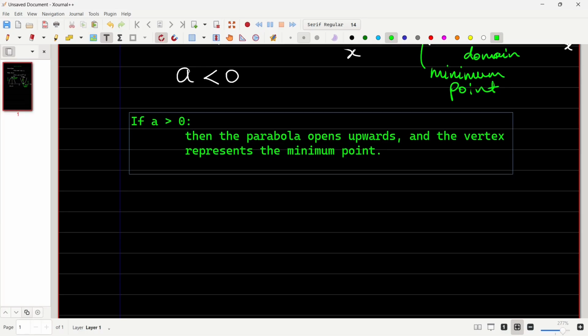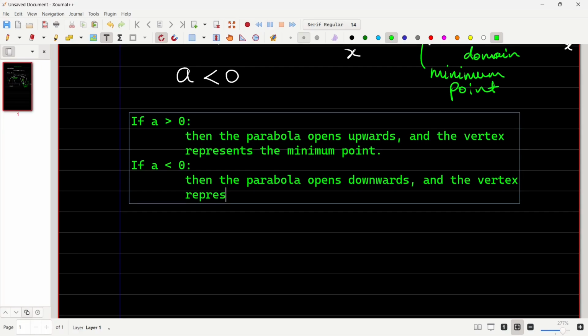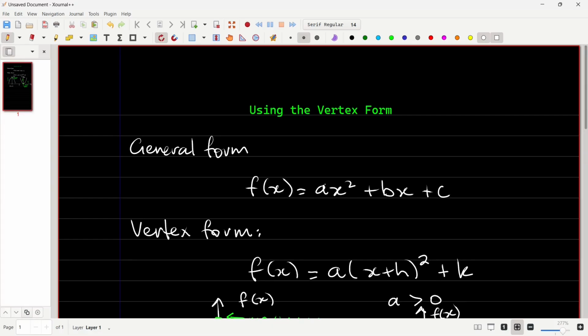All right, and then if a is less than 0, then the parabola opens downwards, and the vertex represents the maximum point. All right, so that is how it's going to work. Now you can identify the max and the min point just by simply knowing the value of a, and remember the value of a is this.